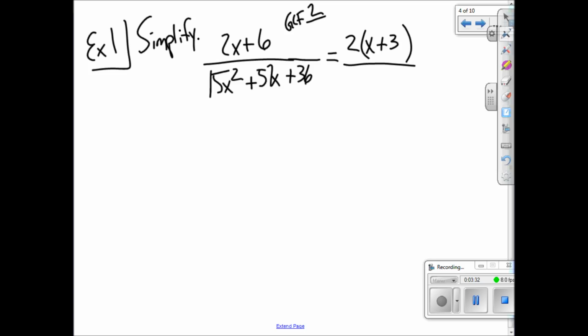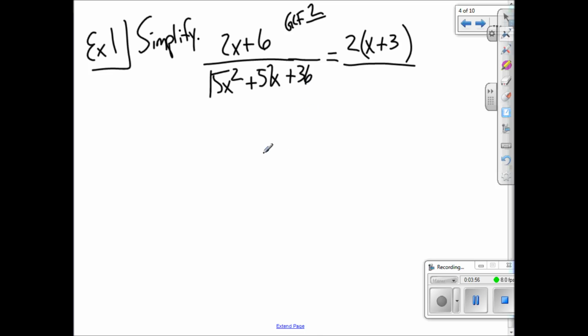It's going to be better to say to yourself, hey, wait a second, maybe this bottom stuff has a GCF. And it does. There's a number that we can take out of all three of these things. We can't take any letters out, right? Because the first piece has some letters, the middle piece has one letter, x to the first, and the last thing has no letters.